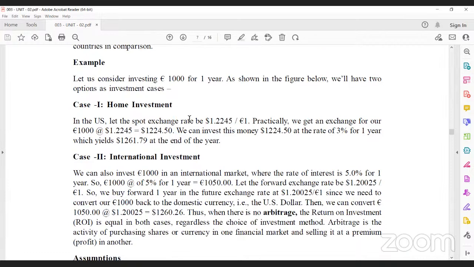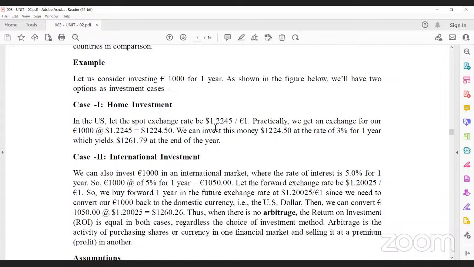Now let's take case one, simple and short, to understand this IRP better. Let's consider investing. As shown in the figure below, we'll have two options as an investment. In the US, let the spot exchange rate be $1.2245.